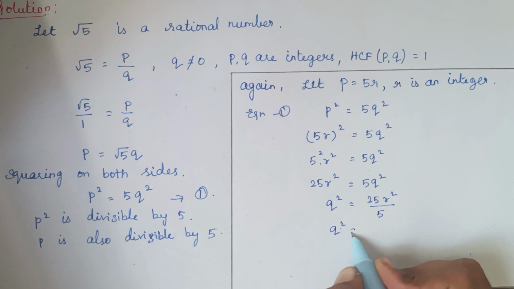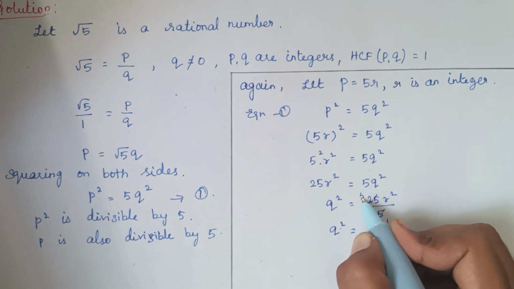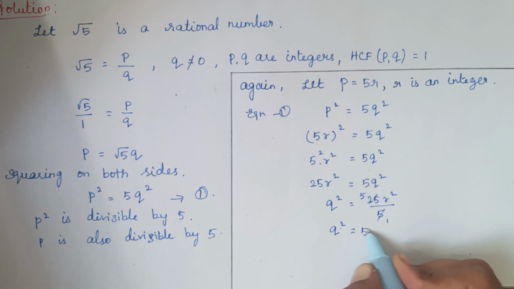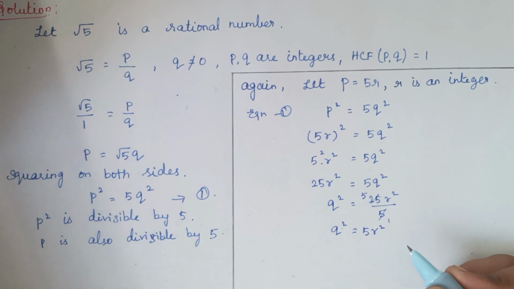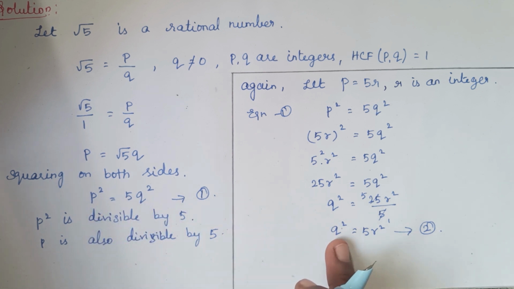So q square is equal to 5 r square. Now this one we will consider as equation number 2. So p square is equal to 5q square, and q square is equal to 5r square.